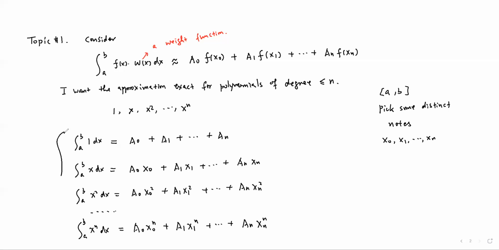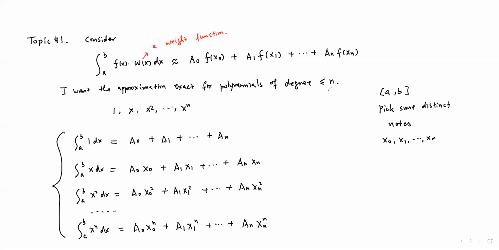This is a system of n plus 1 linear equations in the unknowns. The unknowns are the coefficients A0, A1, ..., An. Then solve this linear system. We get the coefficients, then we get a quadrature rule. This rule is exact for all polynomials of degree not greater than n.